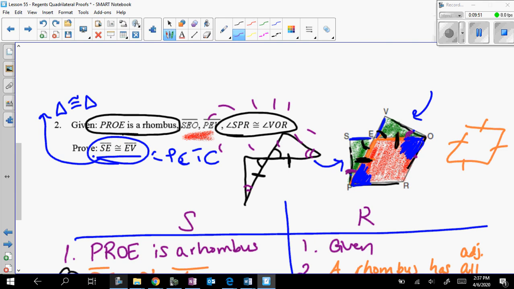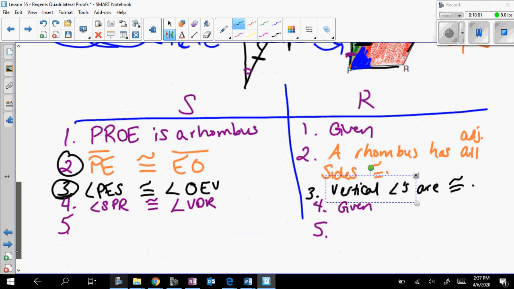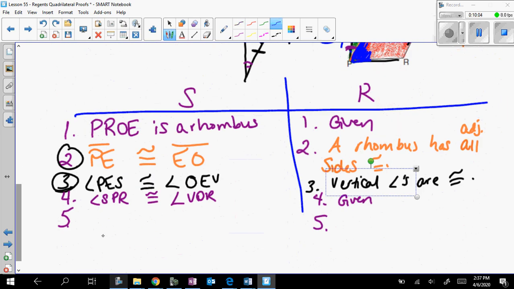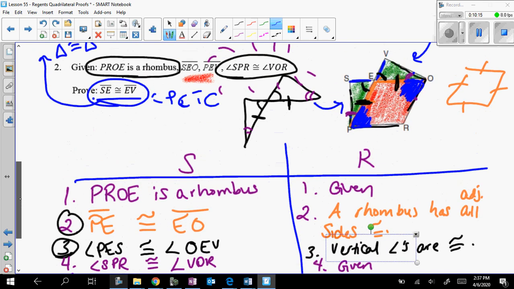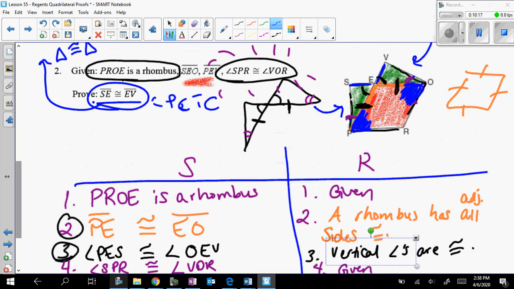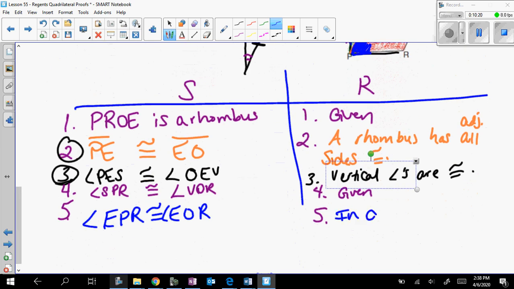But in order to use subtraction postulate properly, I have to ask myself, am I subtracting equals from equals? So basically, are the big blue angles congruent? And can you prove that? Yes, we can say that the big blue angles, angle EPR is congruent to angle EOR, because these are angles in that rhombus shape. In a rhombus, opposite angles are congruent.